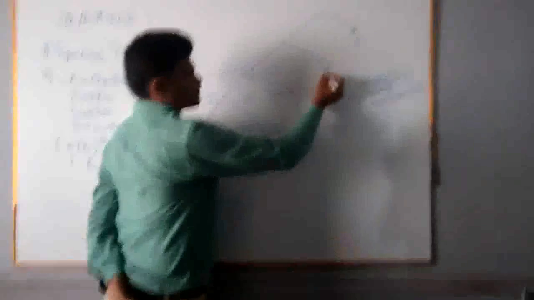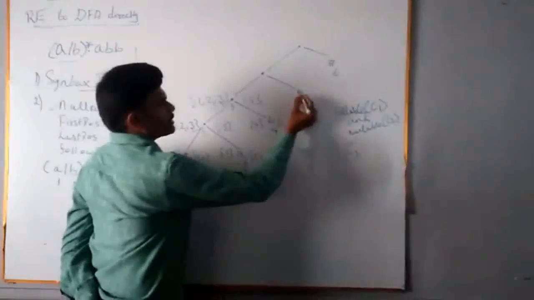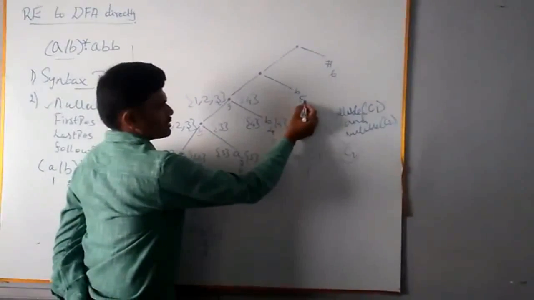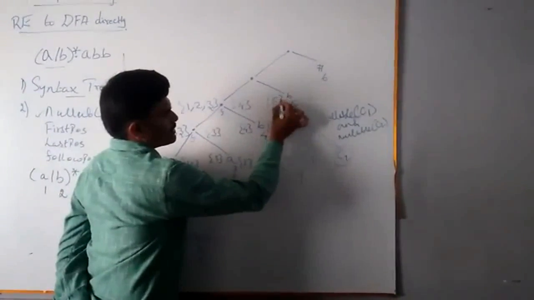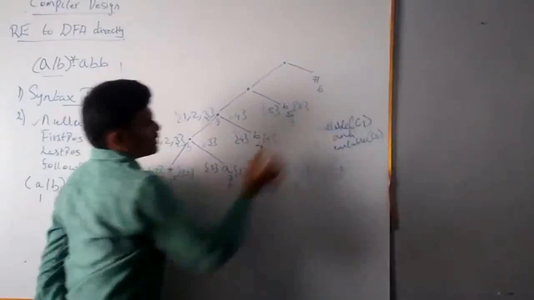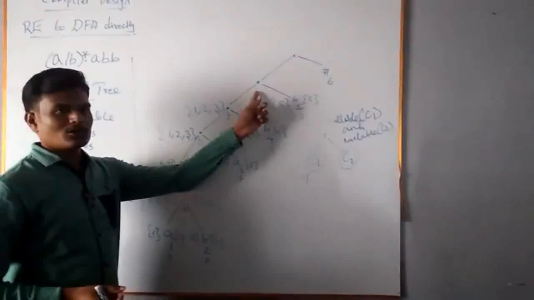And then next we have to find the nullable value, first position and last position for this leaf node. Here it's a leaf node, so it's false, and the position index is 5, so the first position will be 5, and here also it will be 5. And then now we have to find the nullable value for this dot operator.